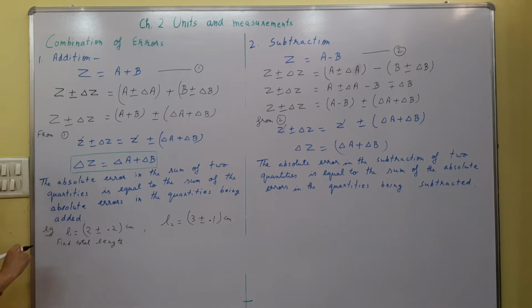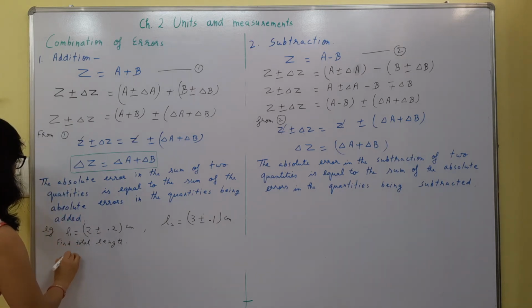So how do we find? We find the total length like this. L is equal to L1 plus L2.